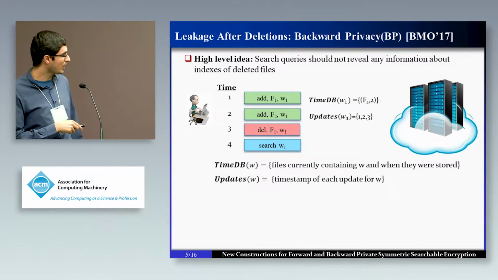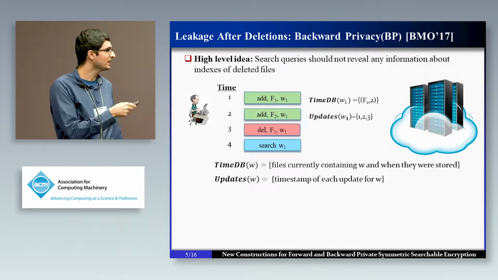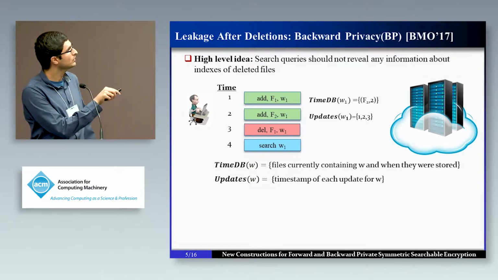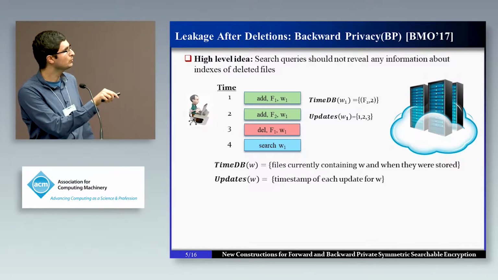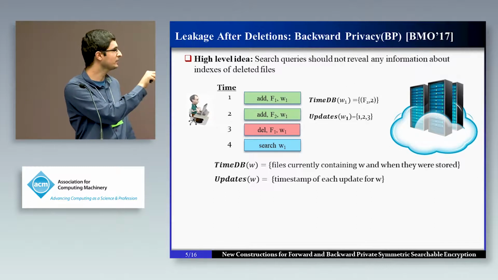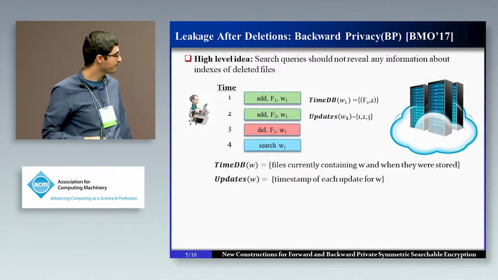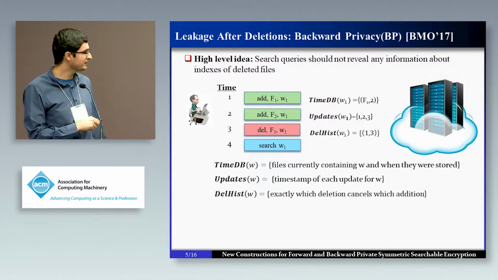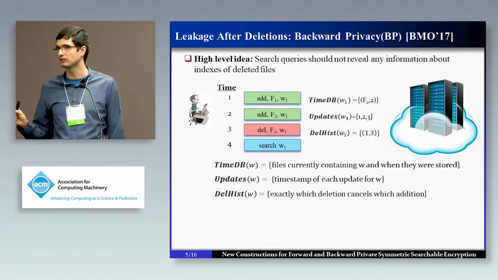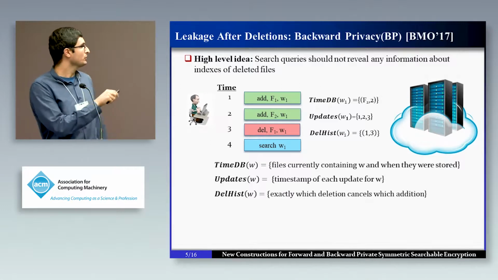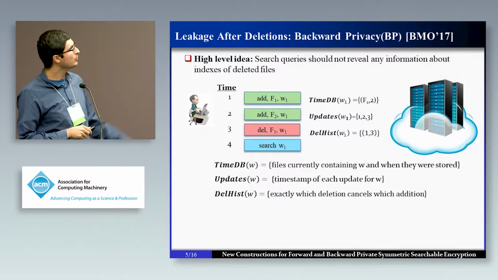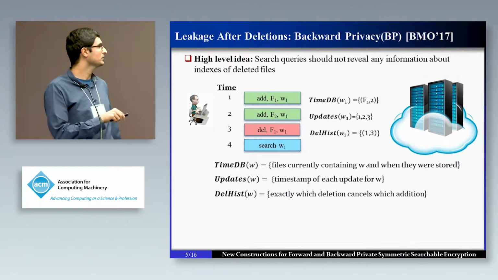The next function is Updates, which reveals the timestamp of each update for keyword W. In our example, the updates of keyword W1 are 1, 2, and 3 because we added at time 1 and 2 and deleted at time 3. The last function is DelHist, which reveals exactly which deletion cancels which addition. So in our case, the DelHist of W1 is 1 and 3 because the addition at time 1 is cancelled by the deletion at time 3.